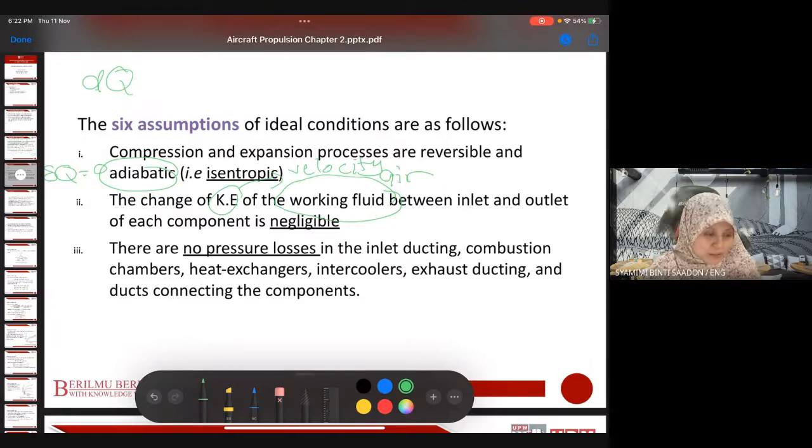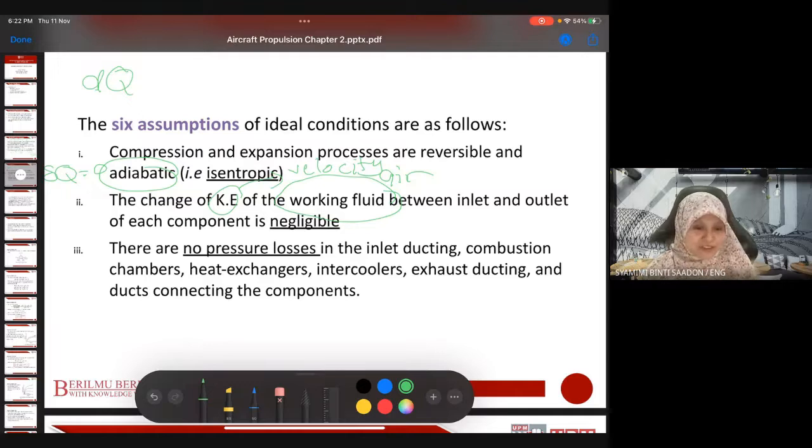The third one: there is no pressure loss in the inlet ducting, combustion chamber, heat exchanger, intercoolers, exhaust ducting, etc. If we have the complete cycle, with the inlet ducting, the nozzle, diffuser, extra heat exchanger, intercooler, etc., we assume that there is no pressure loss.